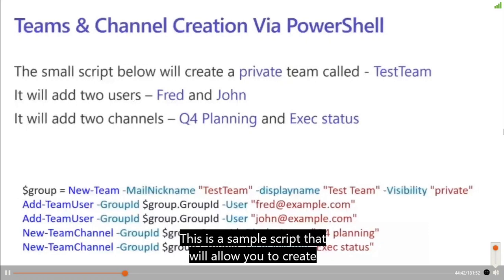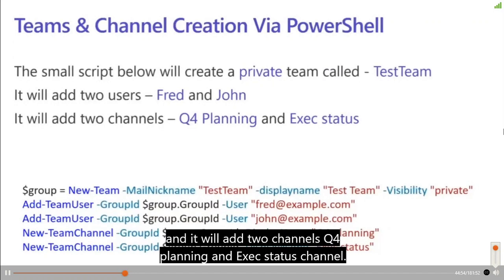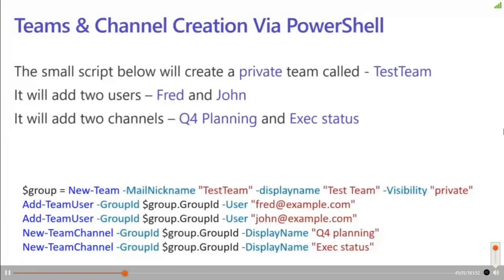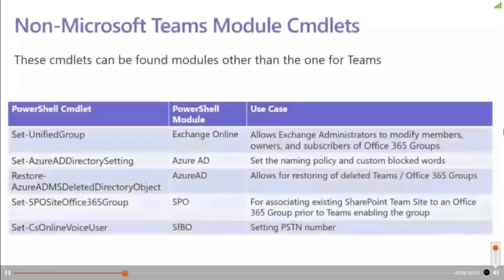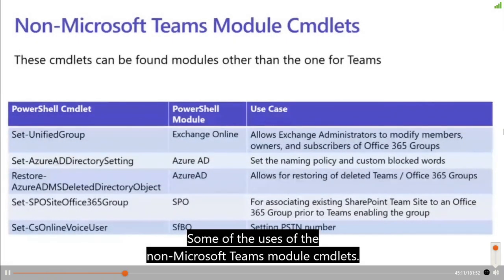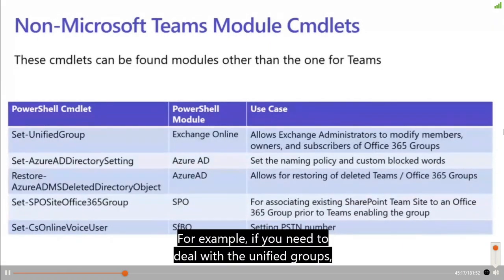This is a sample script that will allow you to create a private team called Test Team, and it will add two users, Fred and John, to be members of that team, and it will add two channels, Q4 Planning and Exec Status channel. Some of the uses of the non-Microsoft Teams module cmdlets: for example, if you need to deal with unified groups, then you'll be utilizing the Exchange Online module.